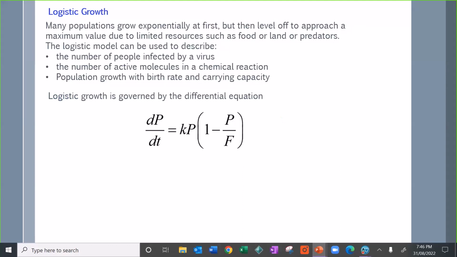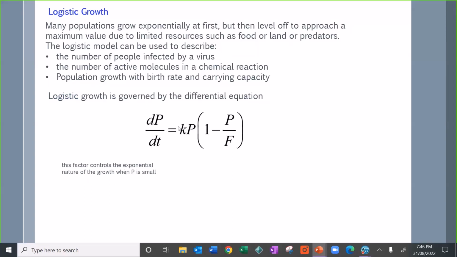I mean those pronumerals. The rate of change of population with respect to time is proportional to two factors. It's proportional to the population at any time, and is proportional to 1 minus P over F, where F is this carrying capacity. So the first factor controls the exponential nature of the growth when P is small.